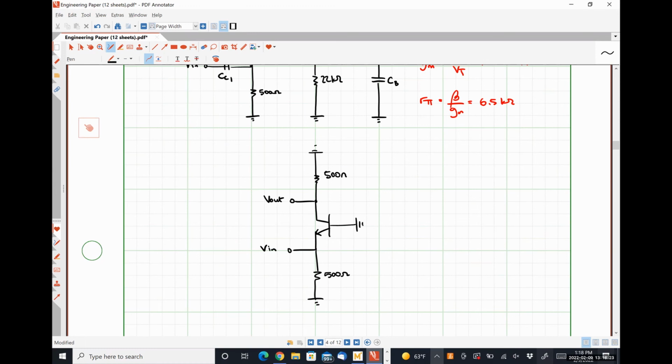So, as was suggested previously, this is simply a common base amplifier with emitter degeneration.